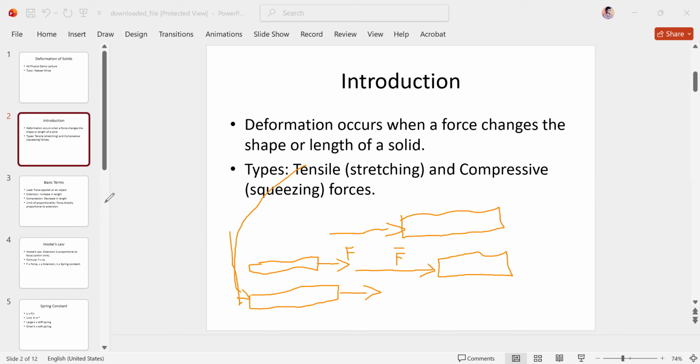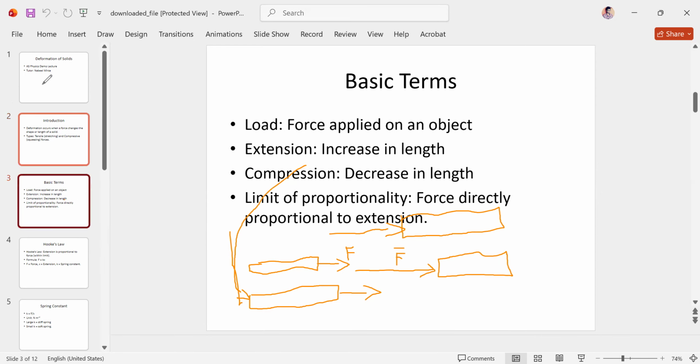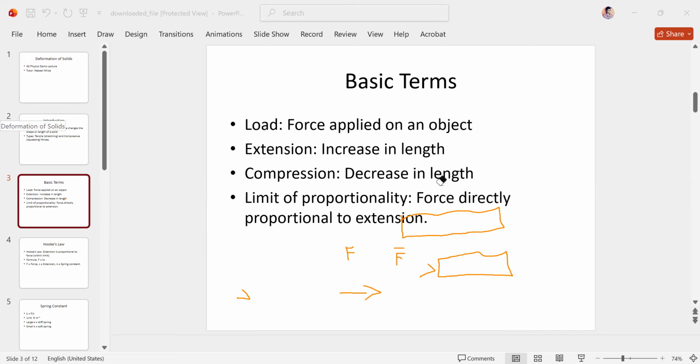Now we will discuss the basics. First step, the basic terms of the deformation of solid.